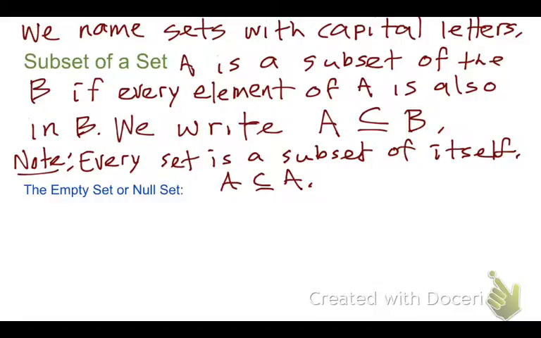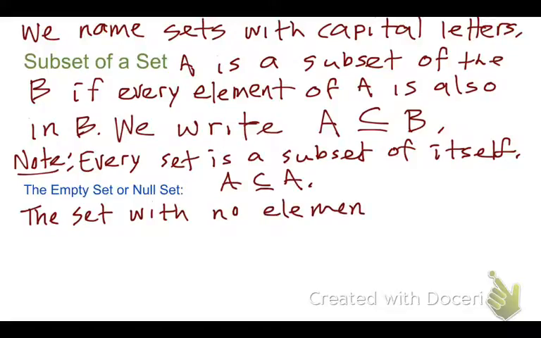In the other direction would be the empty set or the null set. The empty set is the set with no elements. Notation is a 0 with a line through it. And that means the set with nothing in it.